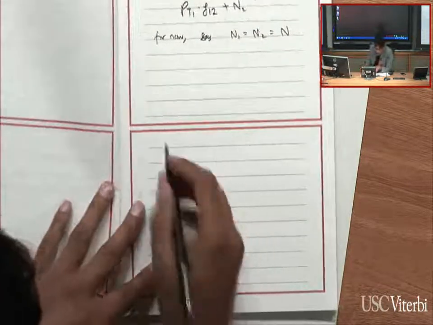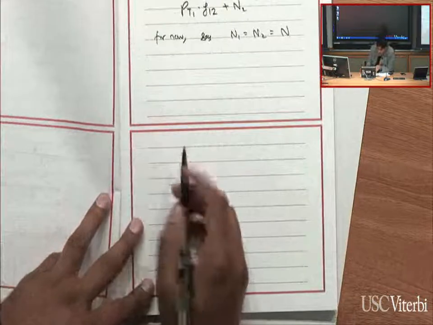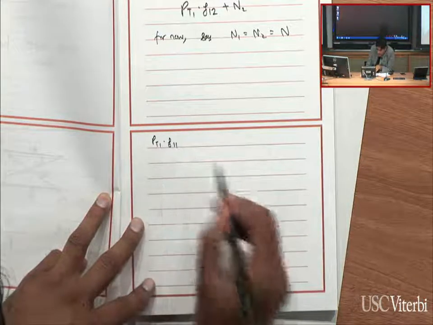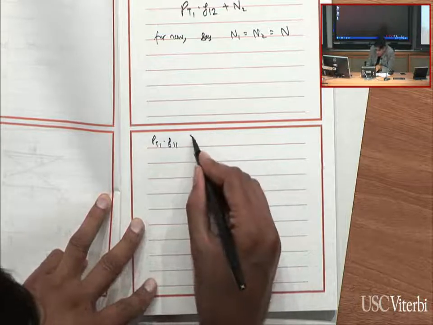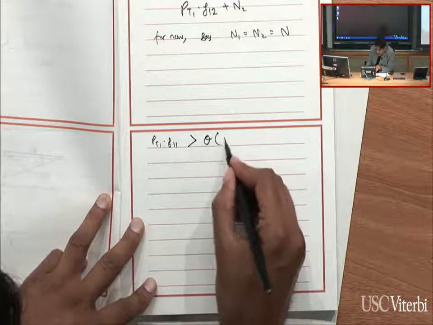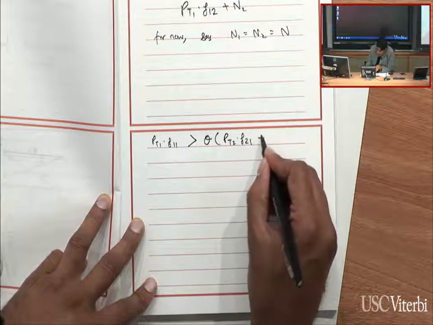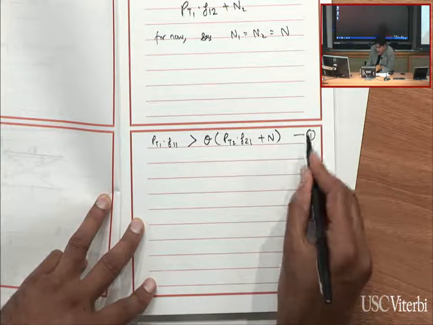So let's think it through. Going back to the expression for the first one, PT1 times G11, I'm just going to rewrite it, is bigger than theta times PT2 times G21 plus N. This is the first equation that we have.